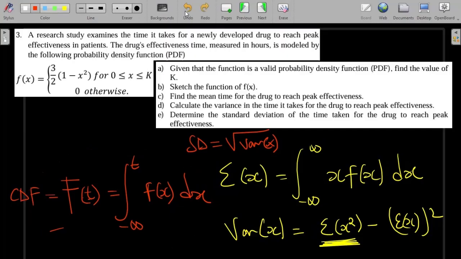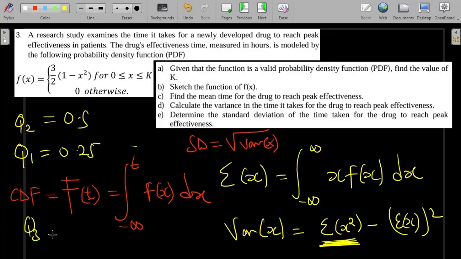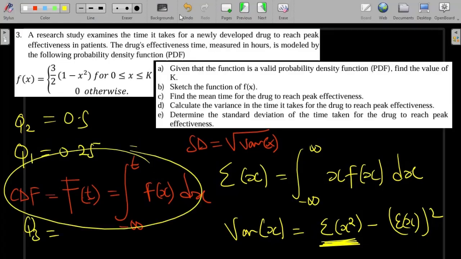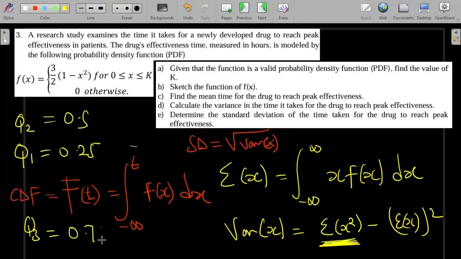When we are finding the median, we equate this CDF to 0.5. The median is also known as Q2. If we're finding Q1, we equate this CDF to 0.25. If we're finding Q3, we equate this CDF to 0.75.